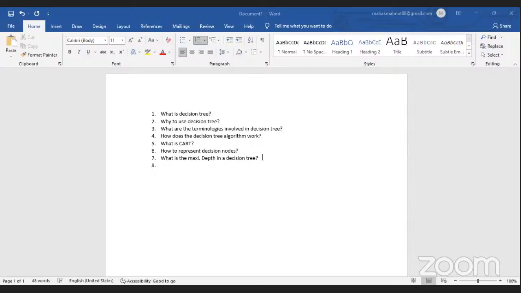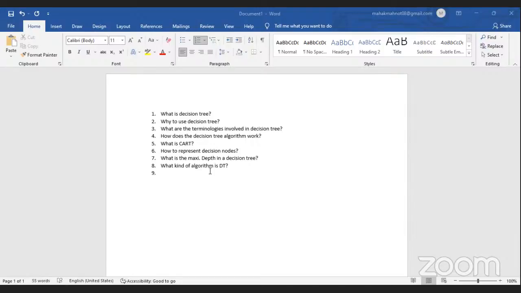Clear? So your next question is, what kind of algorithm is a decision tree? What kind of algorithm means whether it is supervised or unsupervised or both or none.